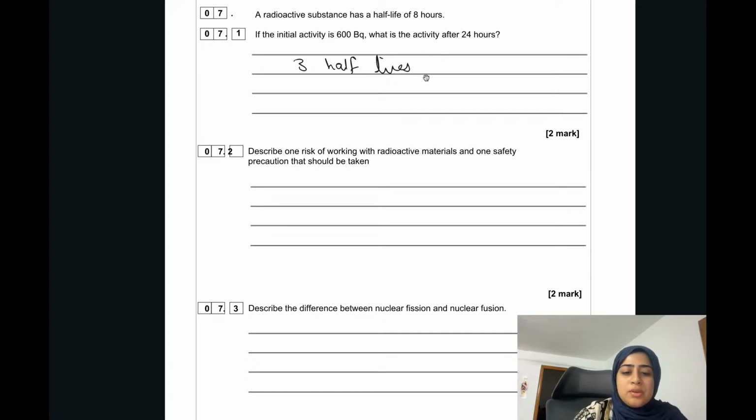We know that each half-life reduces the activity by a half. So the activity initially is 600, and it's reduced by half 3 times.